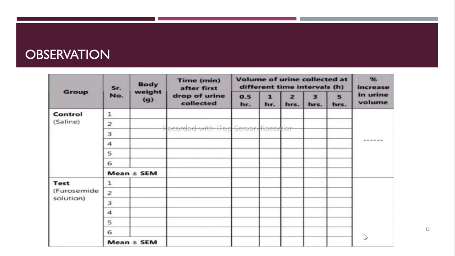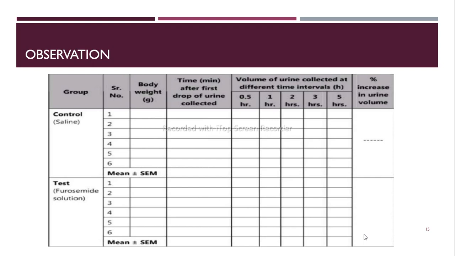Then we have different time intervals: 0.5 hours, that is the 30 minute reading, then the 1 hour reading, the 2 hour reading, the 3 hour reading, and lastly the 5 hour reading. All of these readings we get by checking the volume of urine collected in the measuring cylinder.